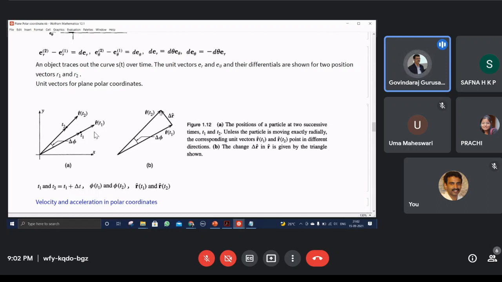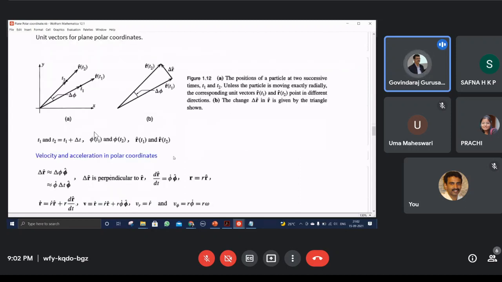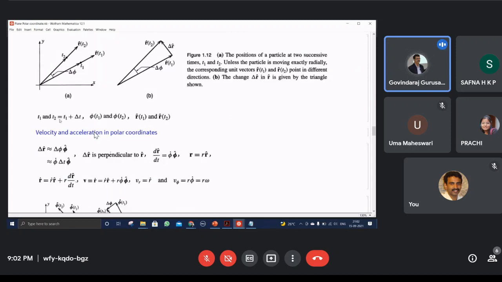You can see del r cap at the time t2. So now this is the small change from time t1 to t2, t1 plus del t. Then similarly you can find out what is the phi at t1, phi at t2, and r cap at t1, r cap at t2.